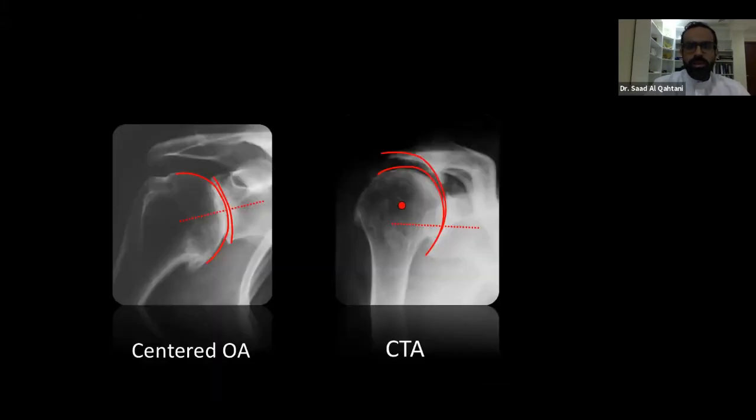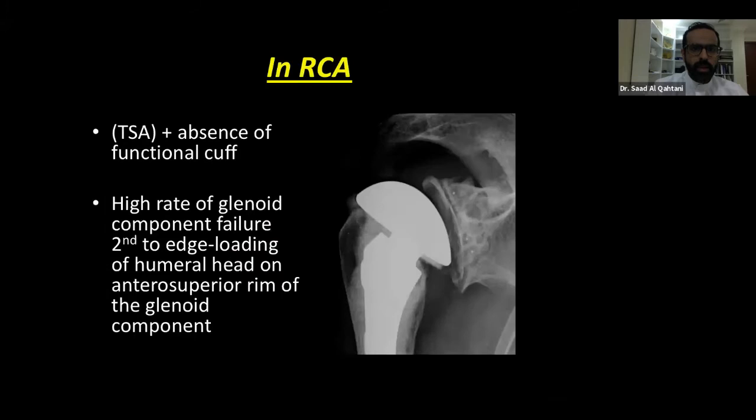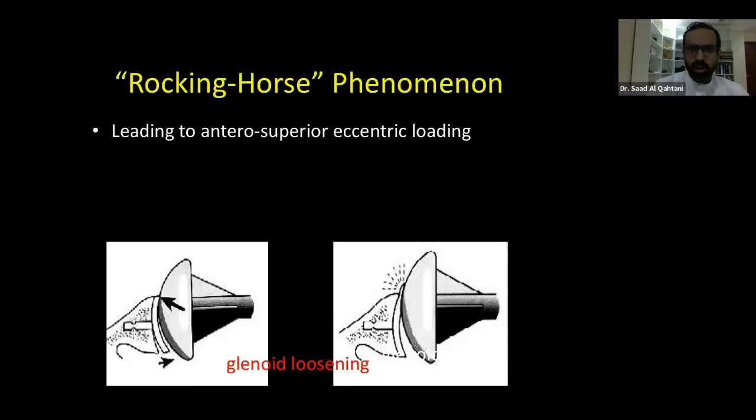And he noticed that there's a big difference between the arthritis when the cuff is intact, which is concentric, and when the arthritis happens with a rotator cuff tear, where there's an anterior superior migration. So when there is a total shoulder arthroplasty and absence of a functional cuff, there was a high rate of glenoid component failure due to edge loading, what we call the rocking horse phenomenon.